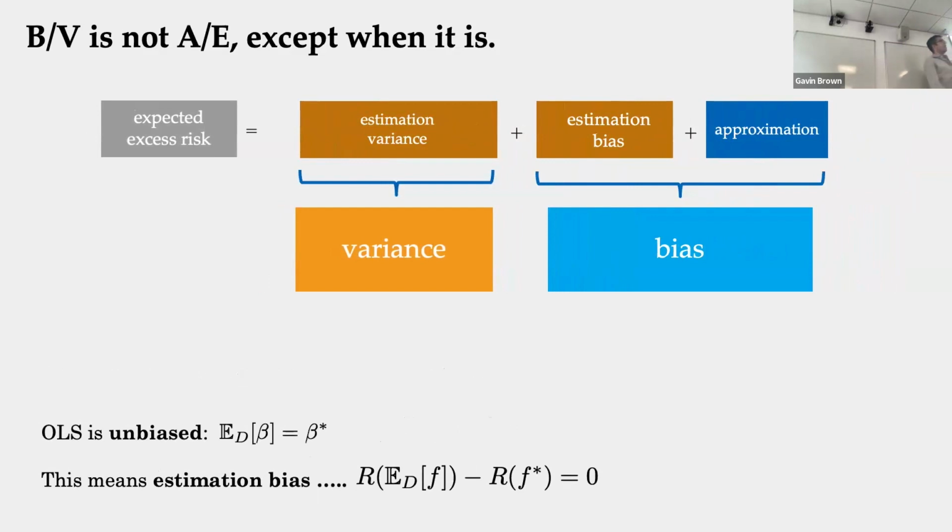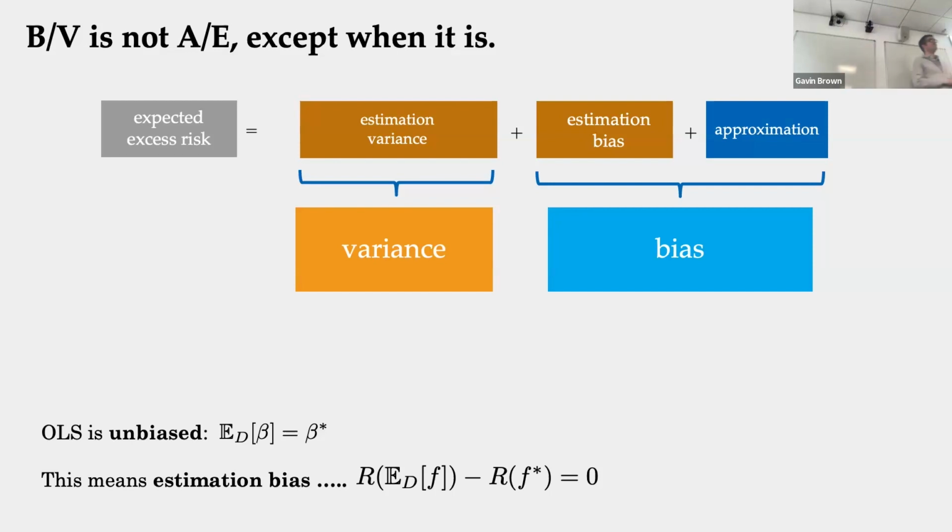OLS is what's called an unbiased procedure, in that the expected value of the parameters, the expected value of beta, is actually equal to a true parameter, beta star. So this is the foundation of, going back to Gauss, 1821 showed that the OLS is the BLUE model, best linear unbiased estimator.